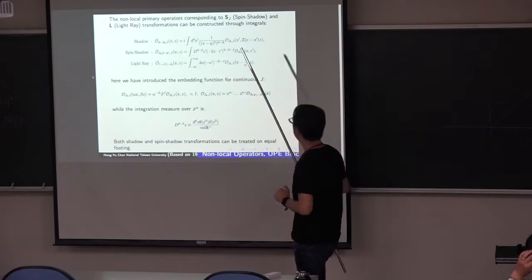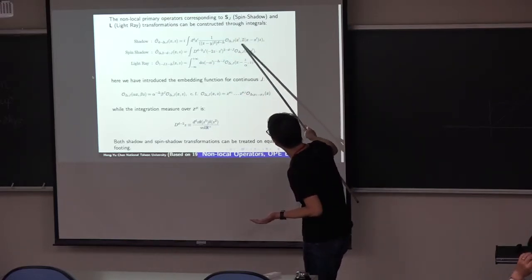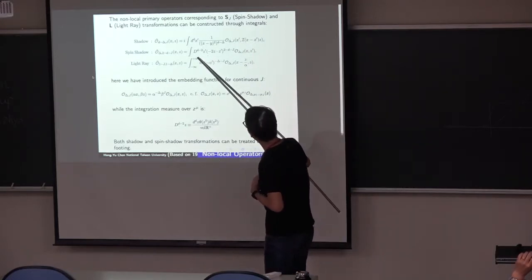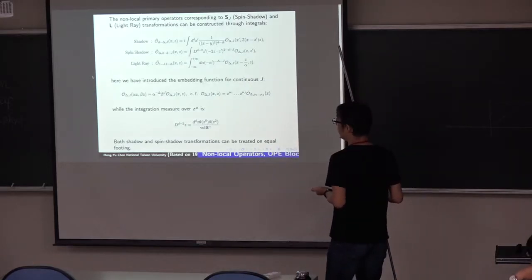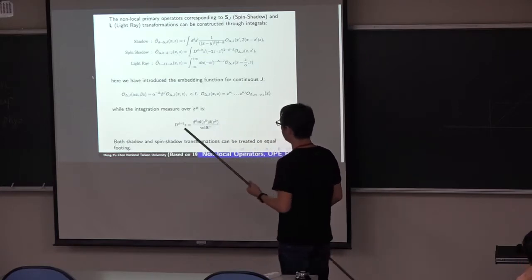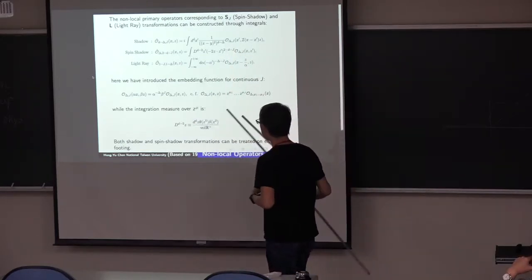Here j is the scaling dimension, on equal footing with the scaling dimension here. The reason you only have d minus 2 coordinates here is simply because, when you think about the integration measure, you are on the line in d dimensions.